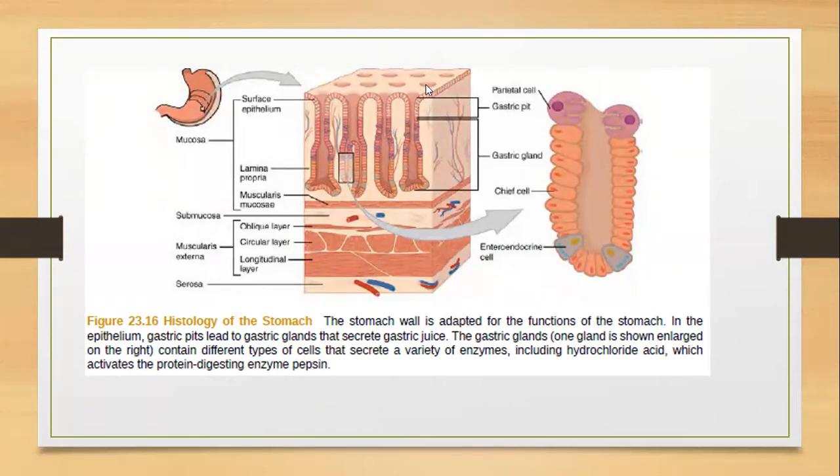Now from the surface, these pores are what you call the gastric pits. And the gastric pits are made up of mucus producing cells, so a lot of mucus is being produced and released into the lumen. As you go lower from the gastric pit, now you have the gland.